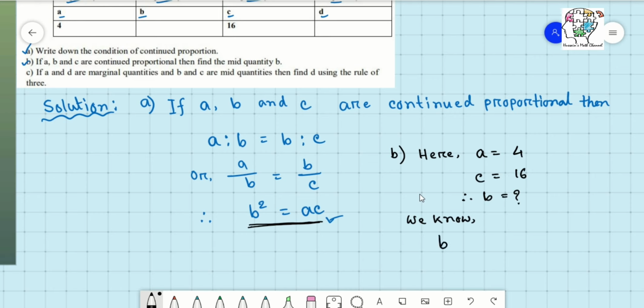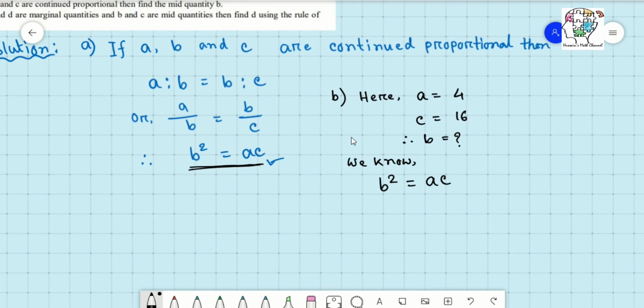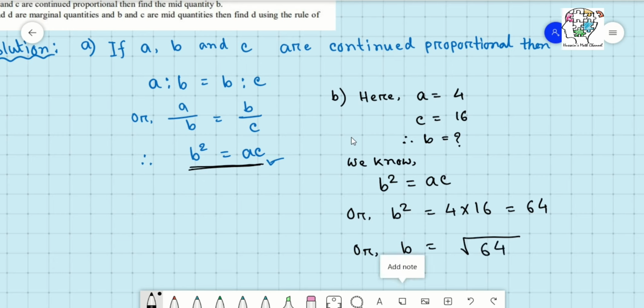So we can write B squared is equal to AC. Alright. So if we put the value of A and C here, we can write 4 times 16, which is 64. Or B is equal to root over 64. Therefore B is equal to 8.